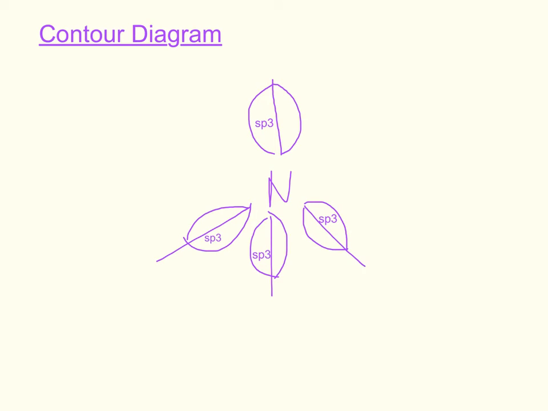Also include the electrons that are going to be bonded, and also lone pairs if you have any. So they're lone pairs. So the electrons that are going to be bonded with hydrogen.